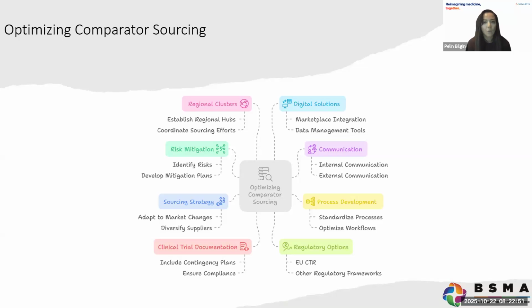We have comparator sourcing supply leads who have discussions with the medical team, but also the study leaders, to really guide them, first of all, based on their endpoints and what type of data they're trying to generate and what their purposes are in the clinical trial.